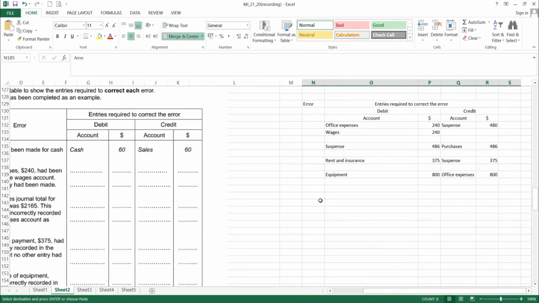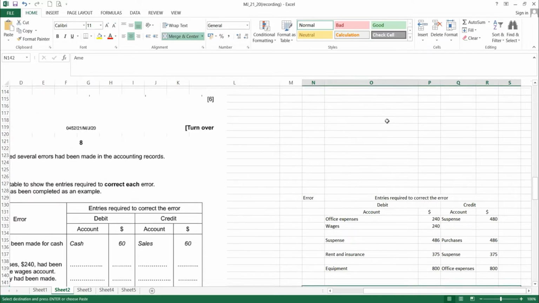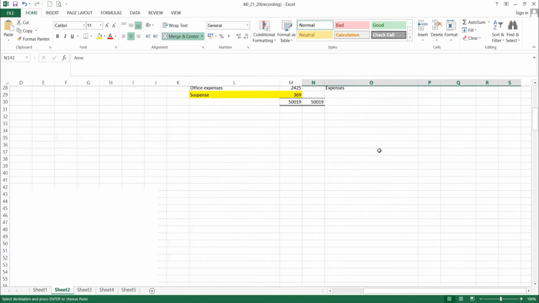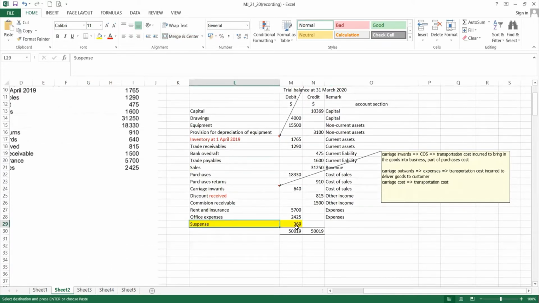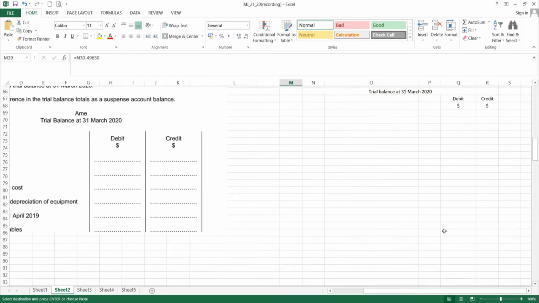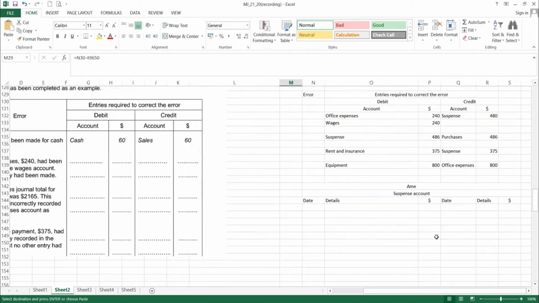Yeah, I put in here so that easier for me to do the recording. Okay, suspend is 369 in the debit side.